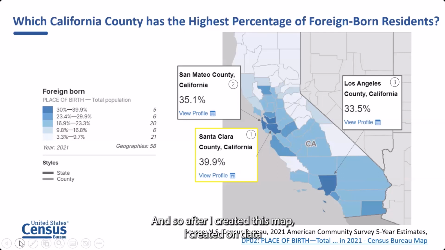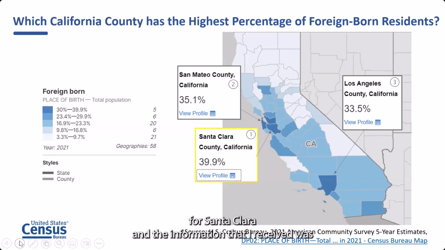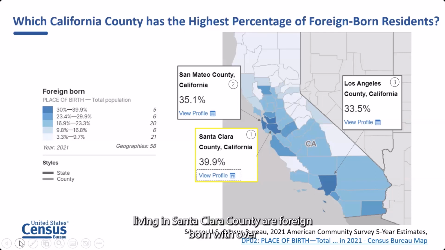And so after I created this map on data.census.gov, the Census Bureau's main data dissemination tool, I simply clicked on View Profile below the estimate for Santa Clara. And the information that I received, and wanted to share, was that more than 770,000 people living in Santa Clara County are foreign-born, with over 520,000 residents, or 67% of the foreign-born, born in Asia.